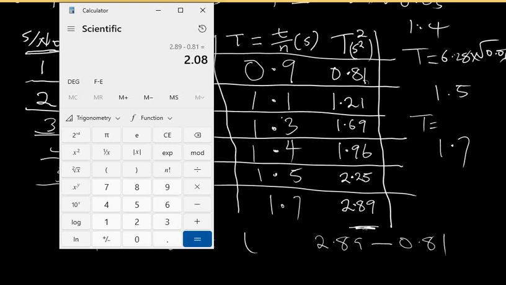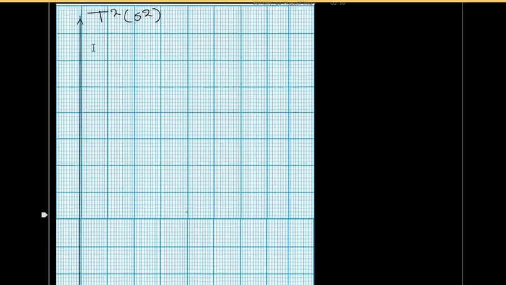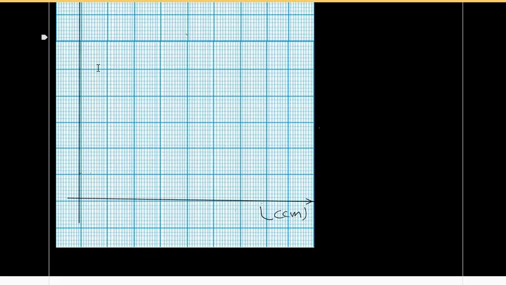Now I have to divide it by the number of boxes I will use in my vertical axis. Let's count the number of boxes available: 1, 2, 3, 4, 5, 6, 7, 8, 9, 10, 11, 12, 13, approximately 14.